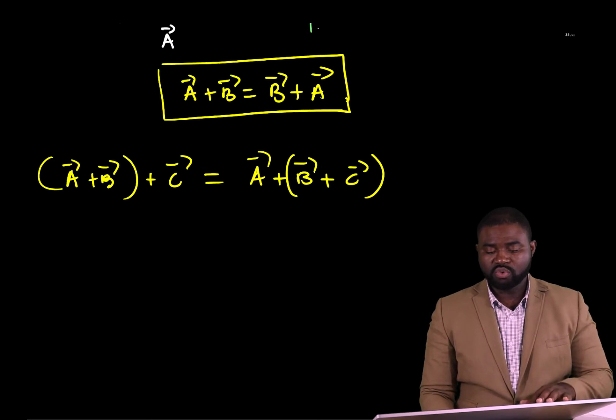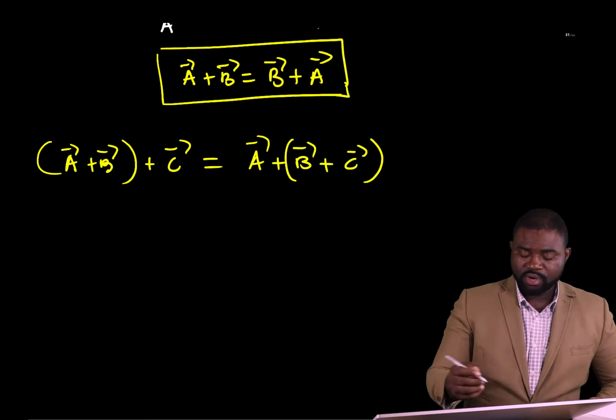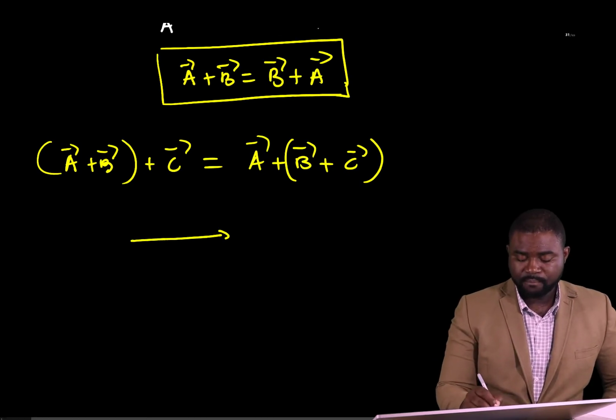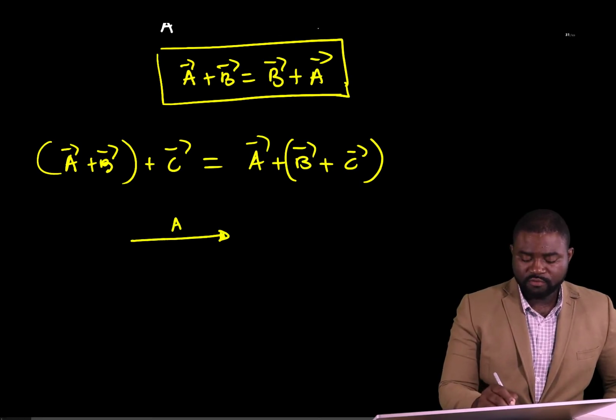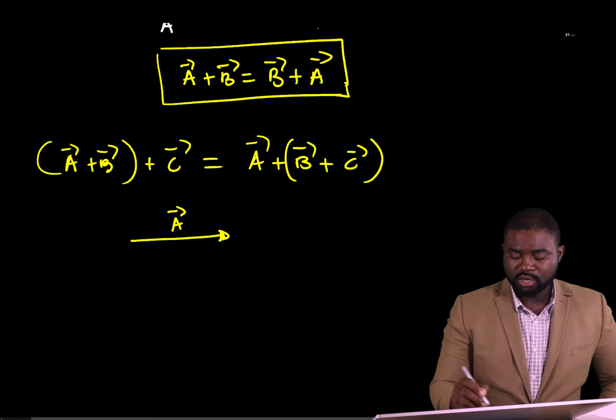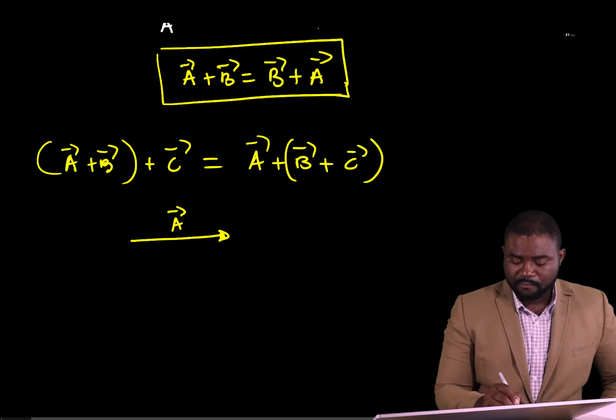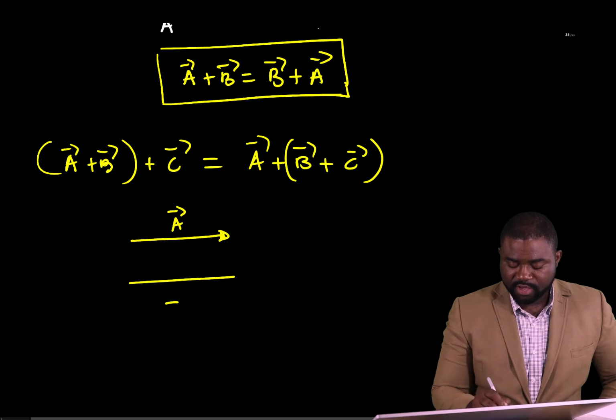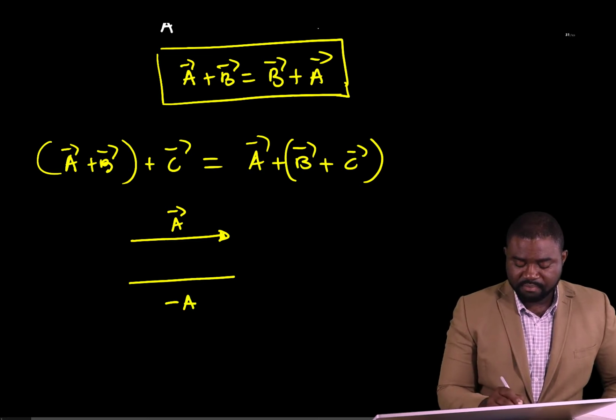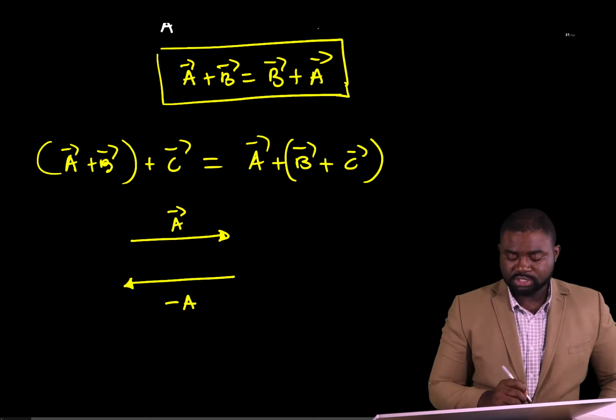Now, just as a quick note here, if you have a vector A, this is vector A, and the vector negative A has the same magnitude as A but oppositely directed.